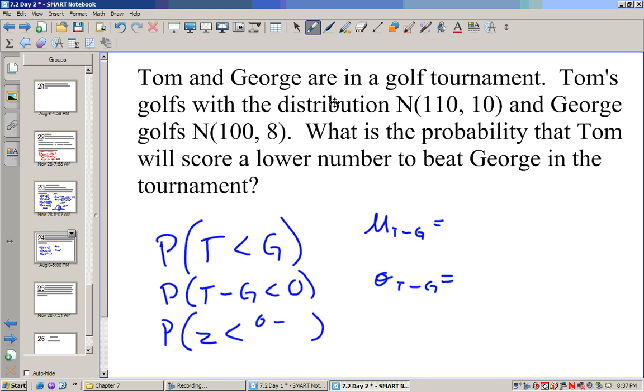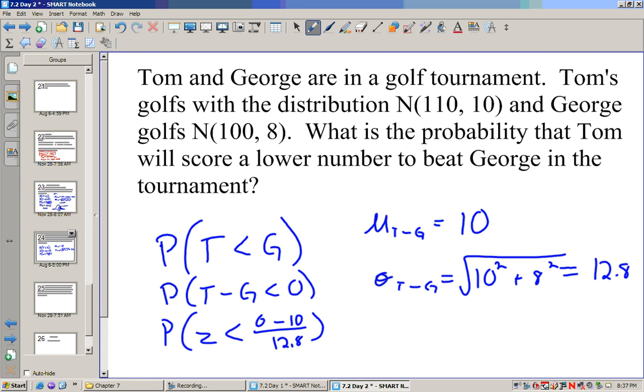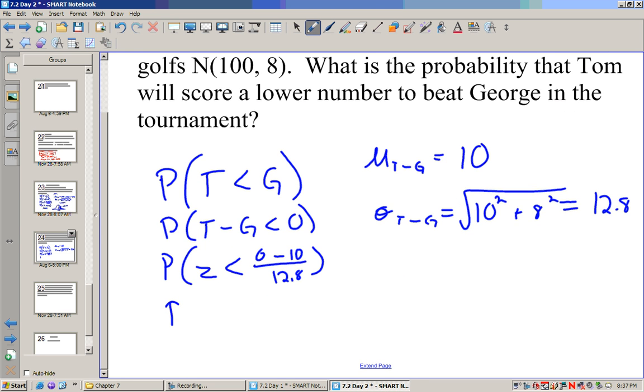The mean is going to be 110 minus 100, which is 10. And the standard deviation is going to be the square root of 10 squared plus 8 squared, which is 12.8. All right, so it's going to be 0 minus 10 over 12.8, which is the probability my z-score is less than negative 10 over that answer, which is negative 0.7809.